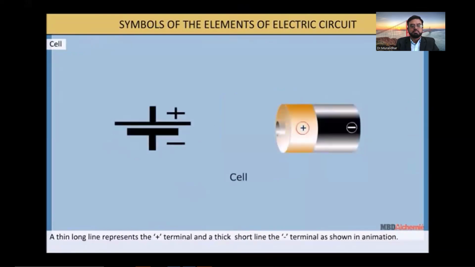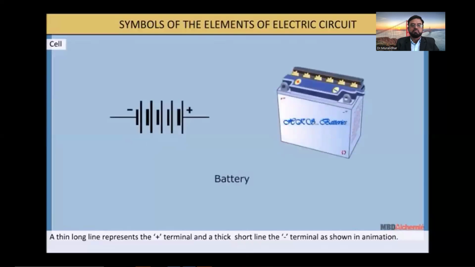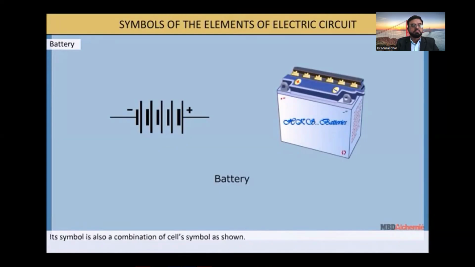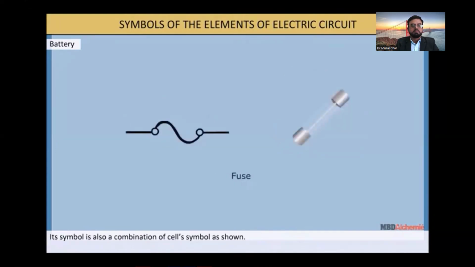Cell. A thin long line represents the positive terminal and a thick short line the negative terminal as shown. Battery. A combination of two or more cells is called a battery. Its symbol is also a combination of the cell symbol as shown.